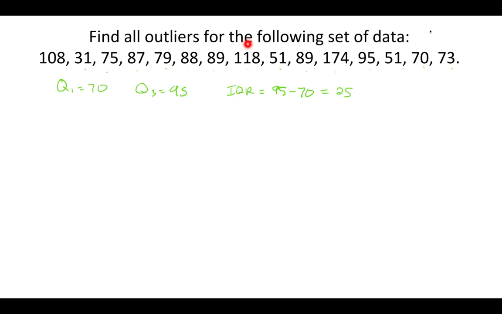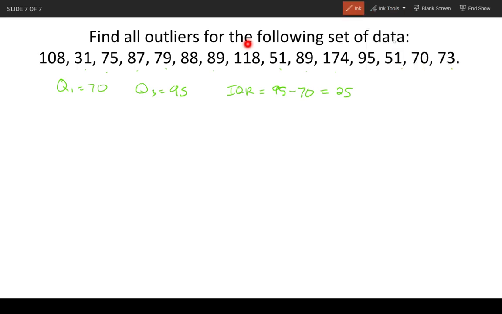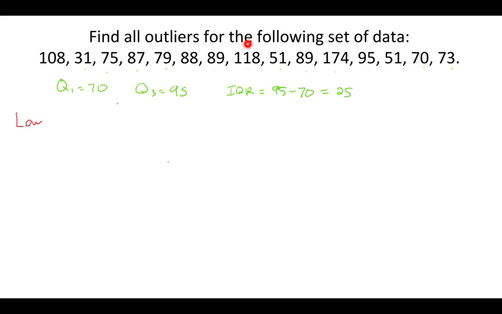Those are the three things we need. We need to calculate our lower and our upper. Our lower is Q1, which is 70, minus 1.5 times the IQR of 25. And our upper is Q3, which is 95, plus 1.5 times our IQR of 25.